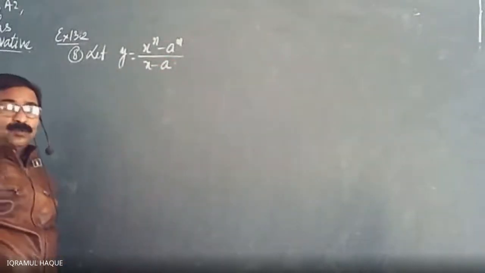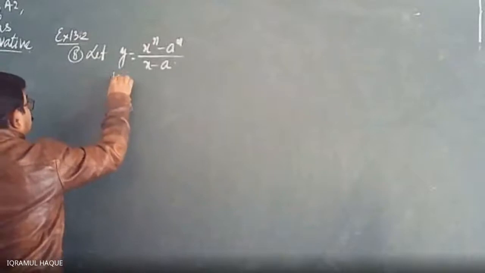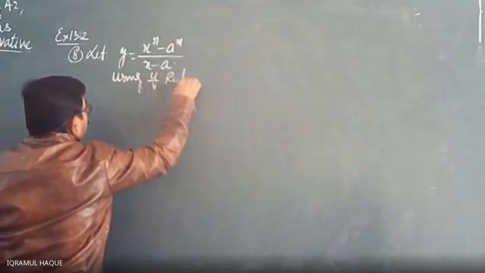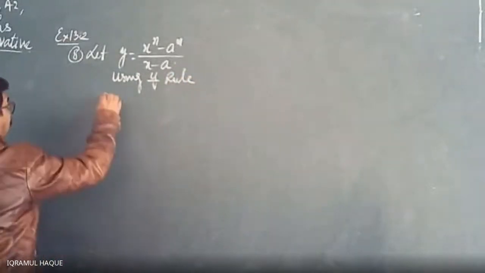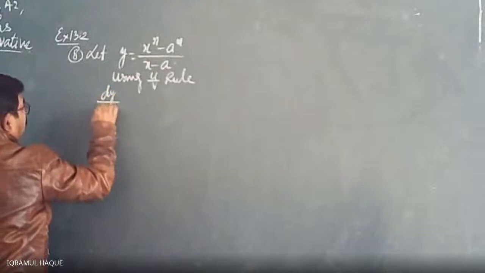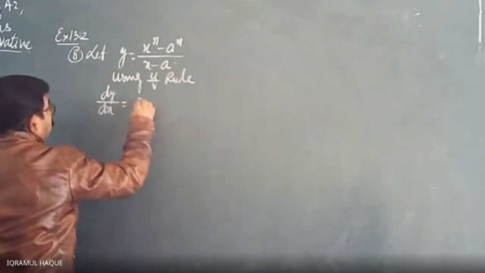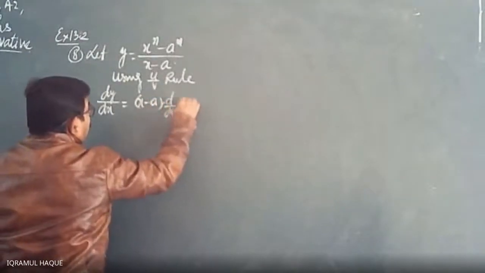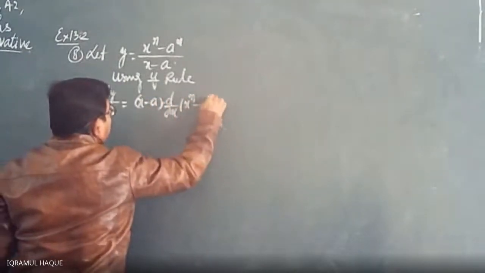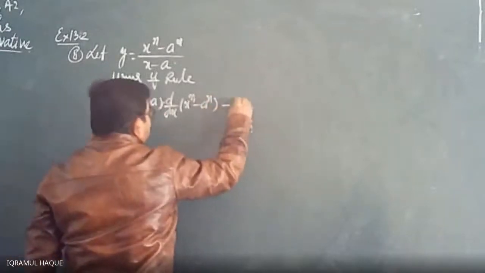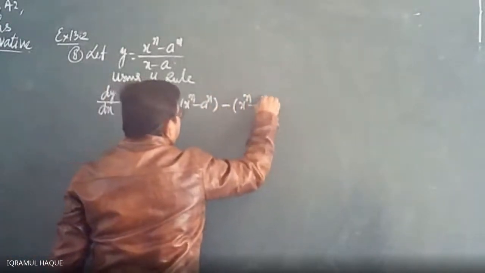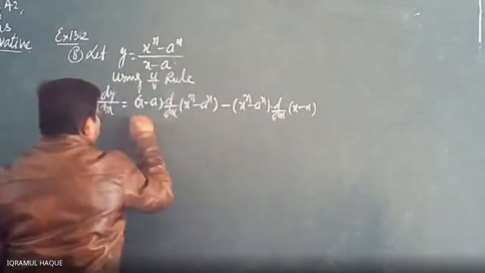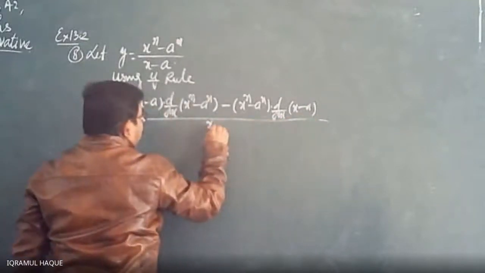Again using the quotient rule. So we have dy upon dx is equal to (x minus a) into d of dx of (x to the power n minus a to the power n) minus (x to the power n minus a to the power n) into d of dx of (x minus a), upon (x minus a) whole square.